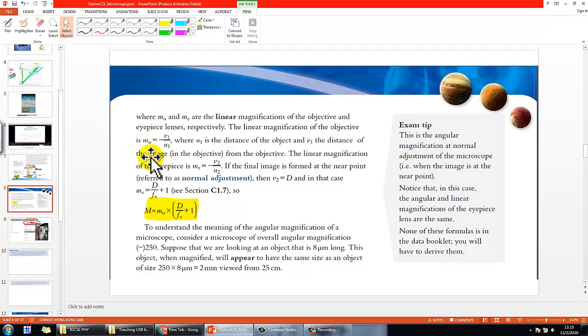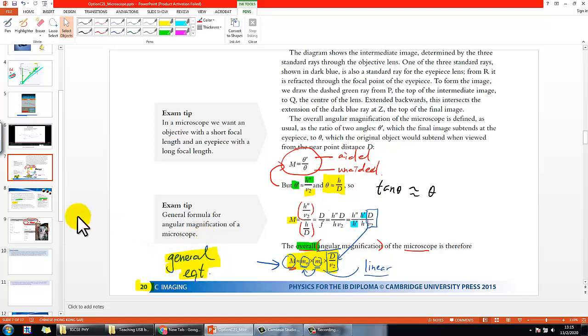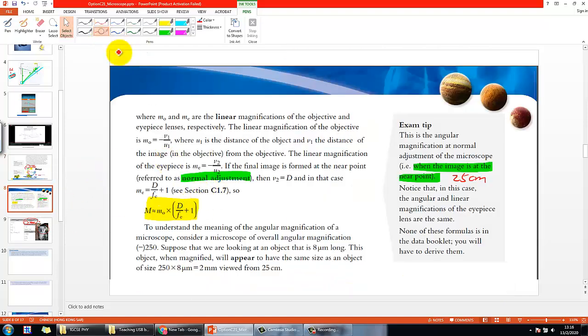We have the next page saying that if we have the normal adjustment, that means the image is at the near point, again 25 cm, then you can change that general equation into this form of equation.